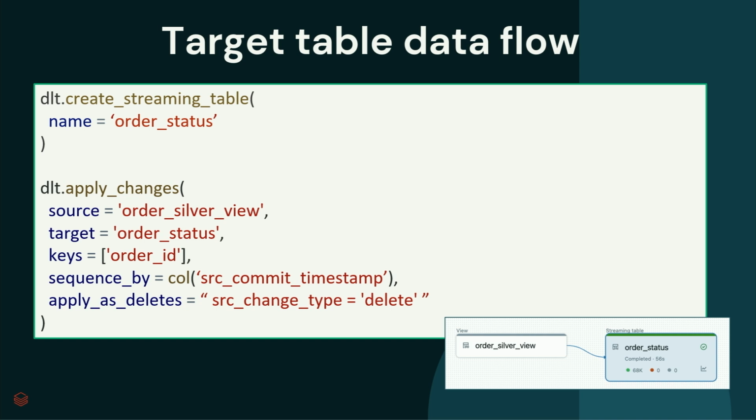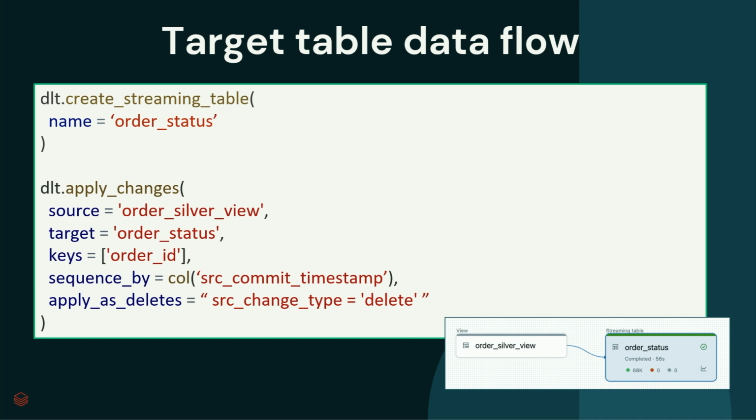Well, when would it do that? That's to handle the case of changes coming out of order. As soon as it sees that order ID is in the table, that becomes a candidate for an update. But then the next thing it does is evaluate the sequence. It asks, is the sequence of the incoming row newer than what's already in the table? If it is, then the update is applied.